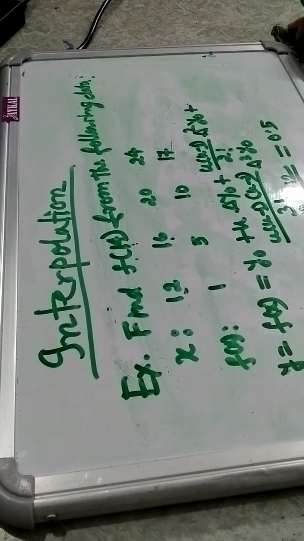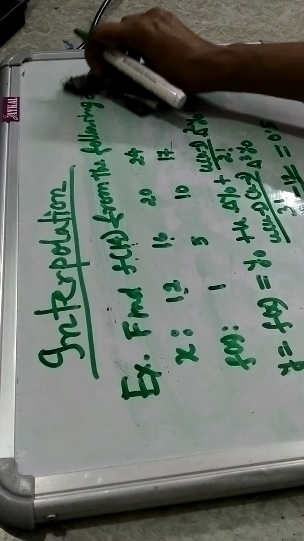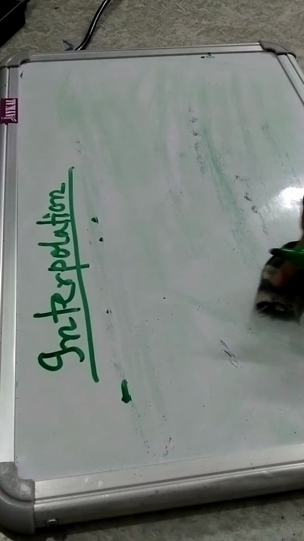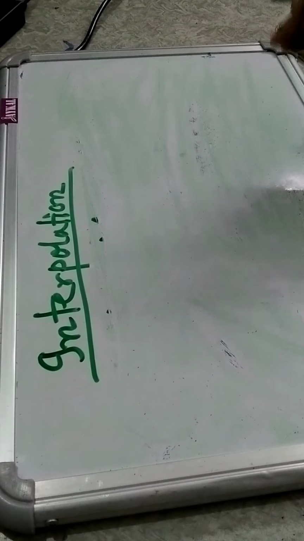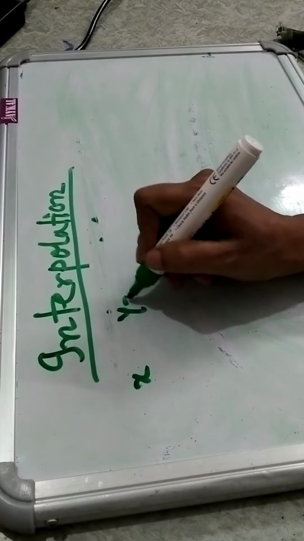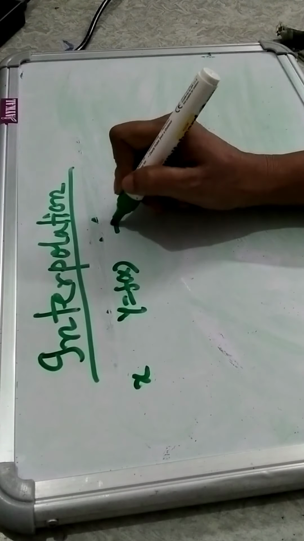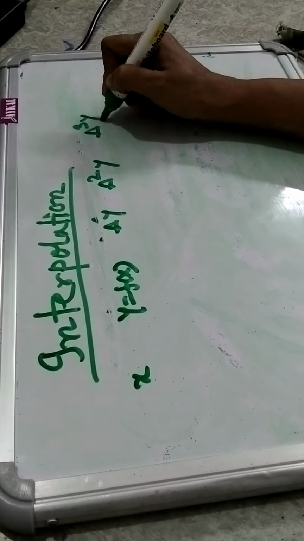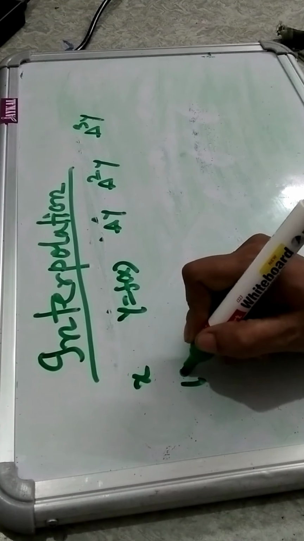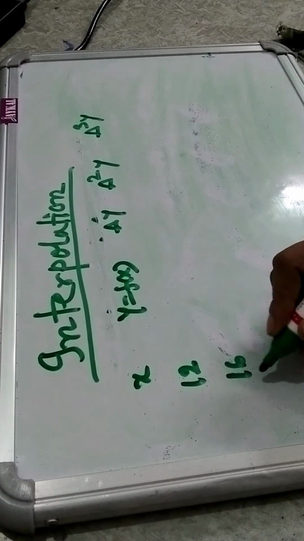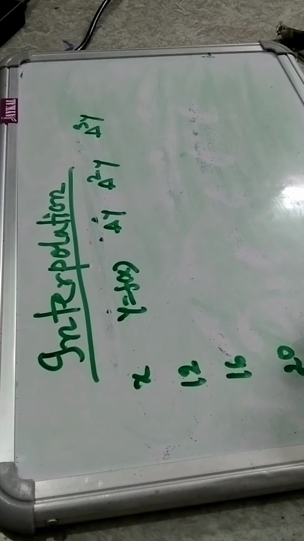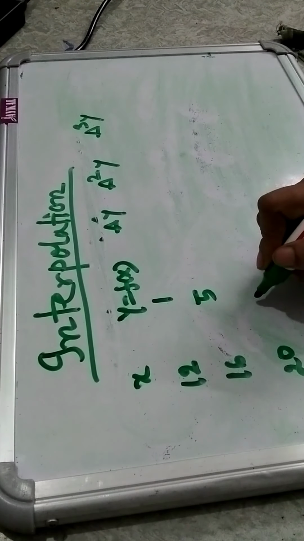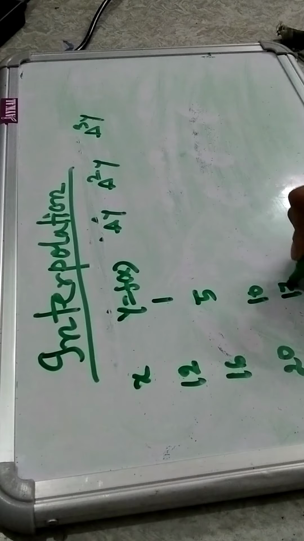Now, we construct a difference table. The columns are x, y is equal to f(x), delta y, delta square y, and delta cube y. We put the values of x as 12, 16, 20, 24, and y is equal to f(x) as 1, 5, 10, 17.